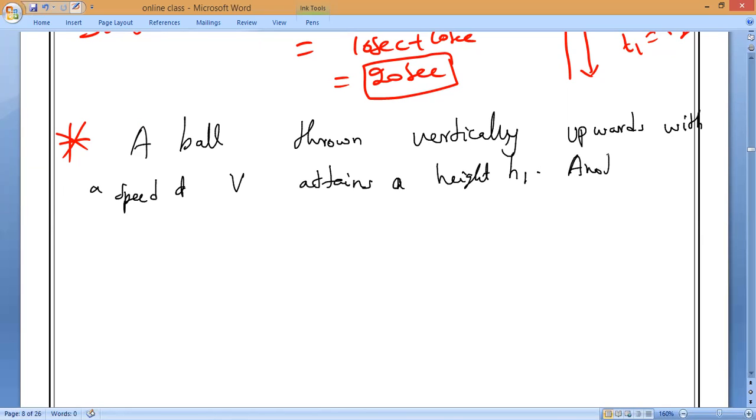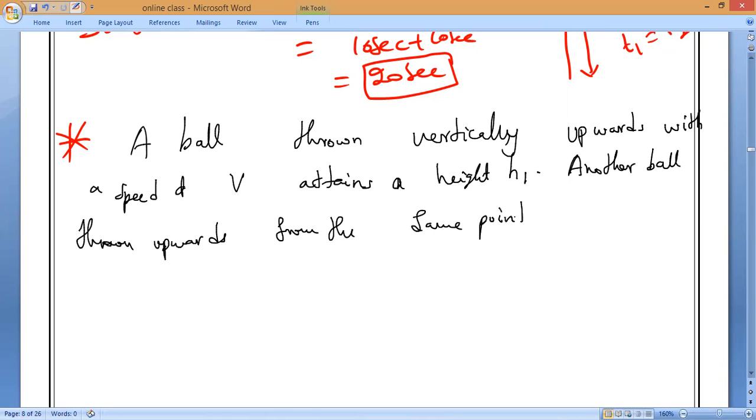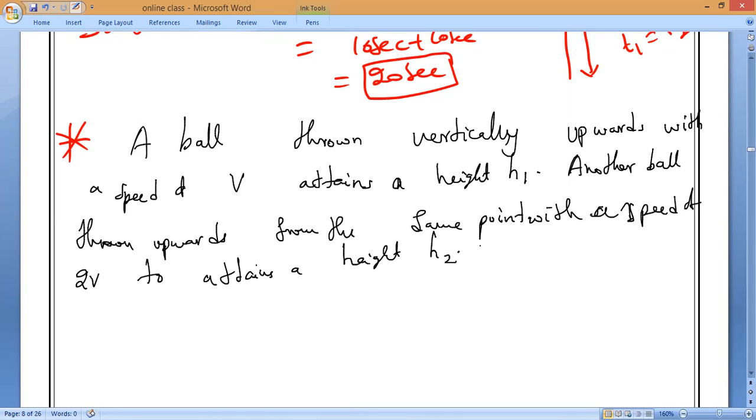Another ball thrown upwards from the same point with a speed of 2v attains a height of h2.